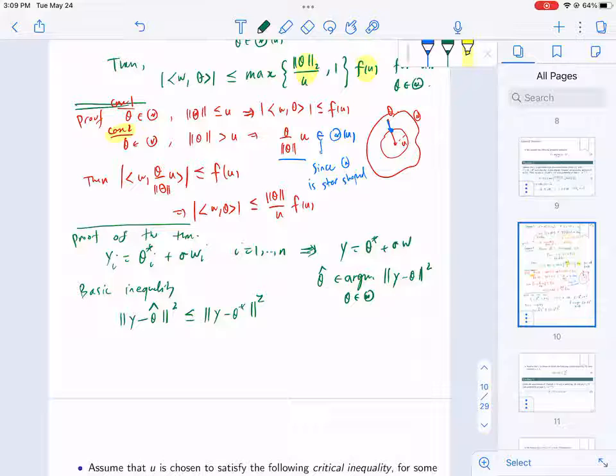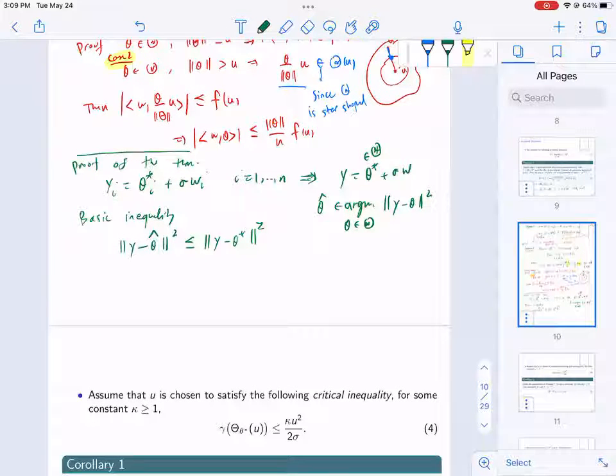You're assuming that theta star is feasible, which is the assumption that we discussed. Theta hat minimizes over all thetas in there. So theta star is feasible, theta hat is optimal. This is the optimality condition.